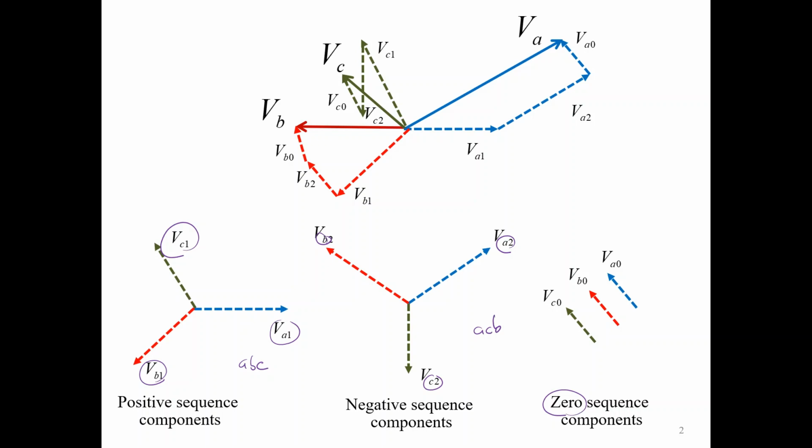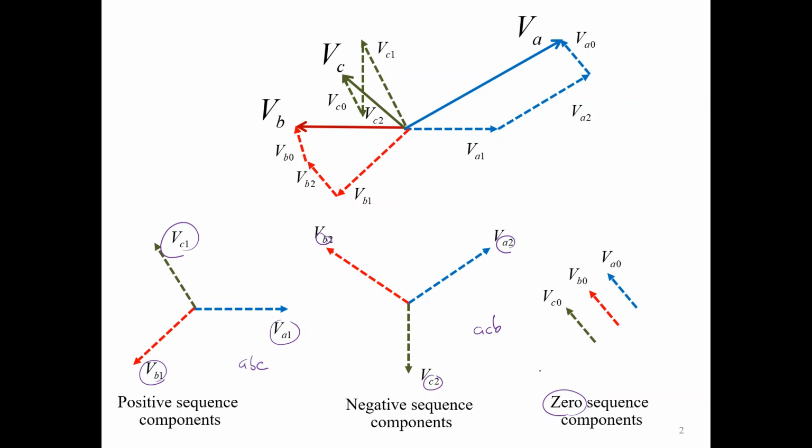Okay, now you can see that with the unbalanced phasors A, B, and C, you can express this unbalanced phasor in terms of three components of balanced phasors.